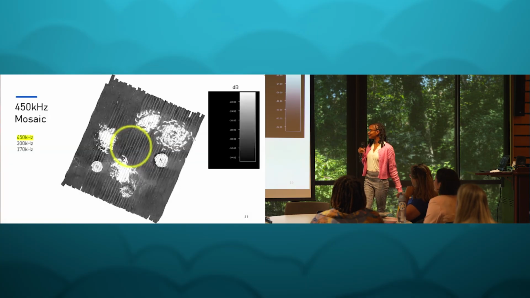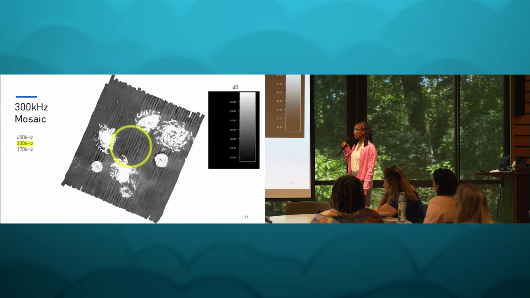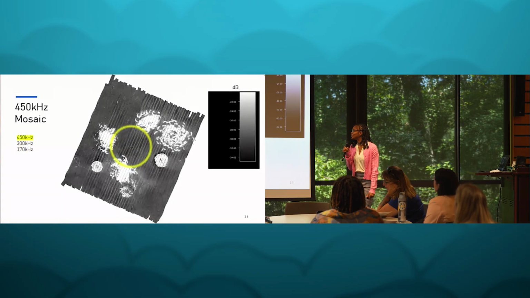First, I have a mosaic of 400 kilohertz as the frequency. Then I have one with 300 kilohertz and one with 170. As I flip through these, you can see that the images are changing. Let's pay attention to the circle.